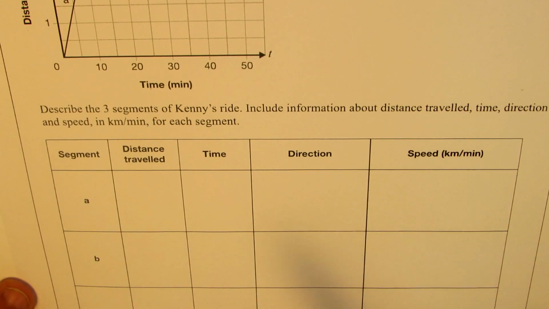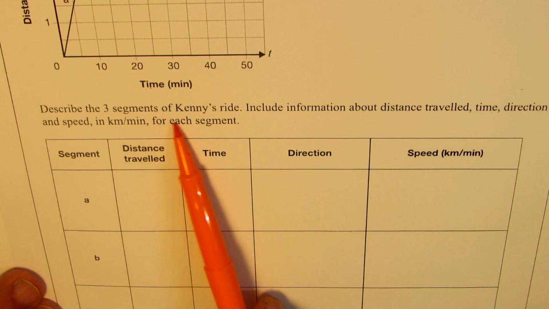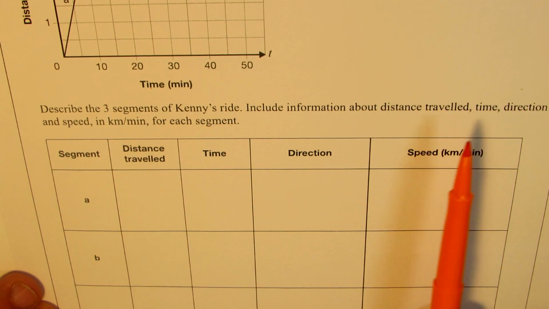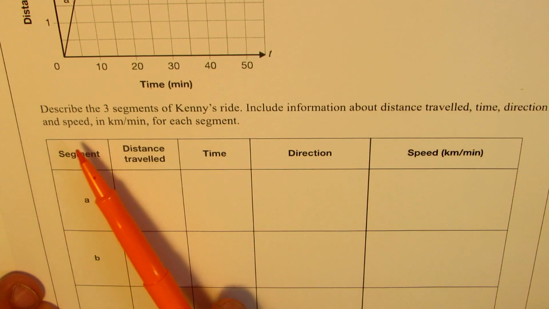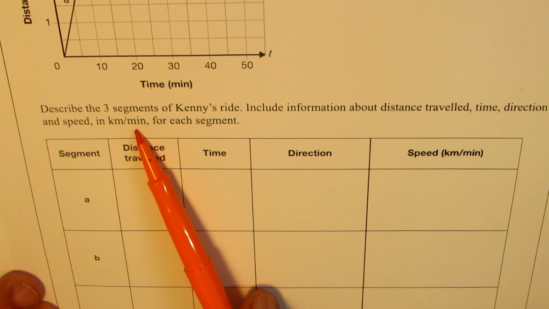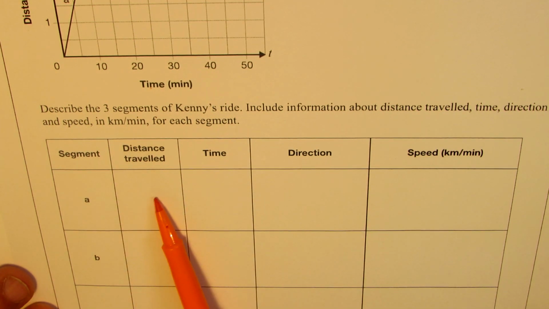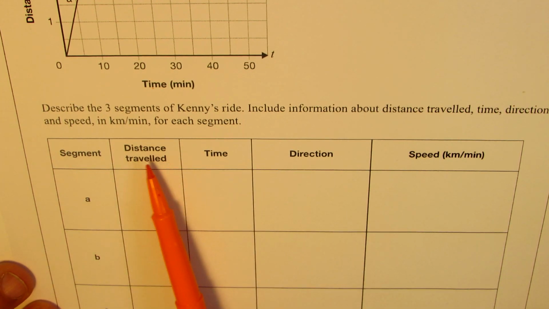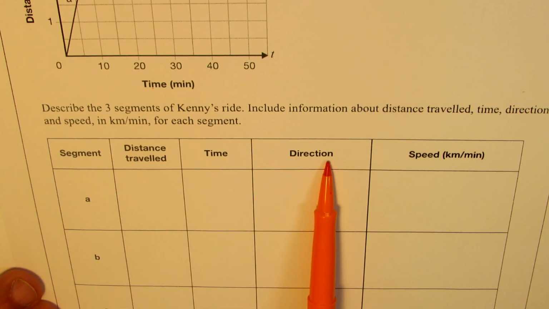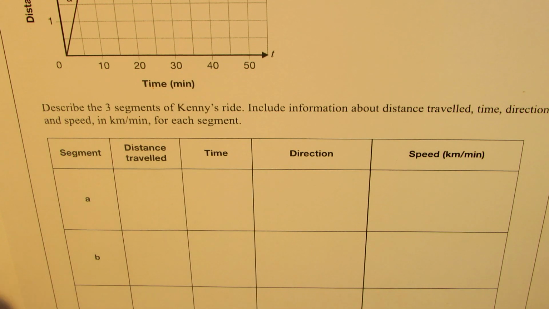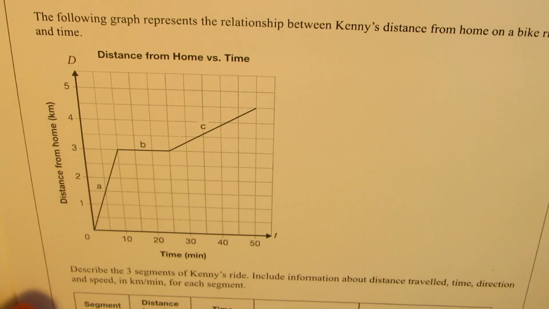The question here is, describe the 3 segments of Kenny's ride, include information about distance traveled, time, direction, and speed in kilometers per minute for each segment. So the table has been provided to give you the distance traveled, time, direction, and speed in kilometers per minute. Let us see how to solve such a question.